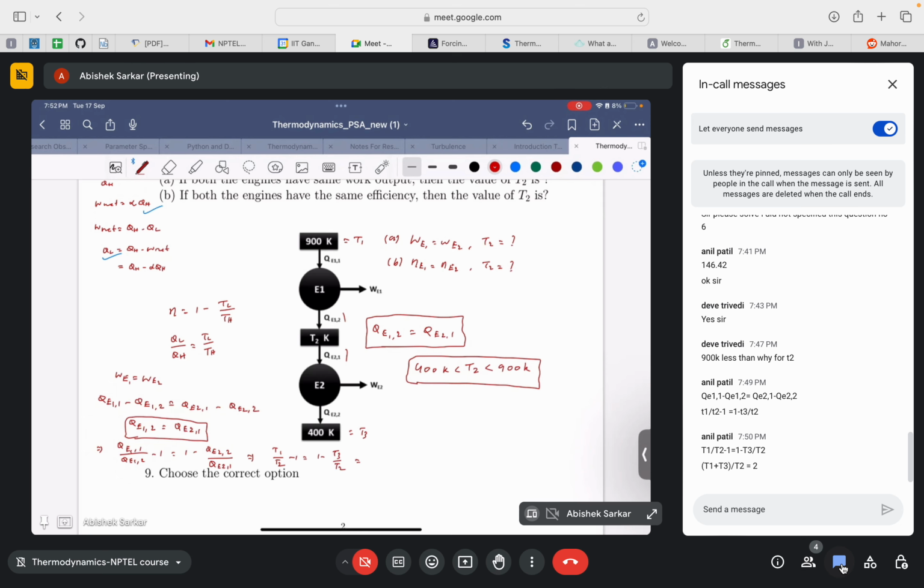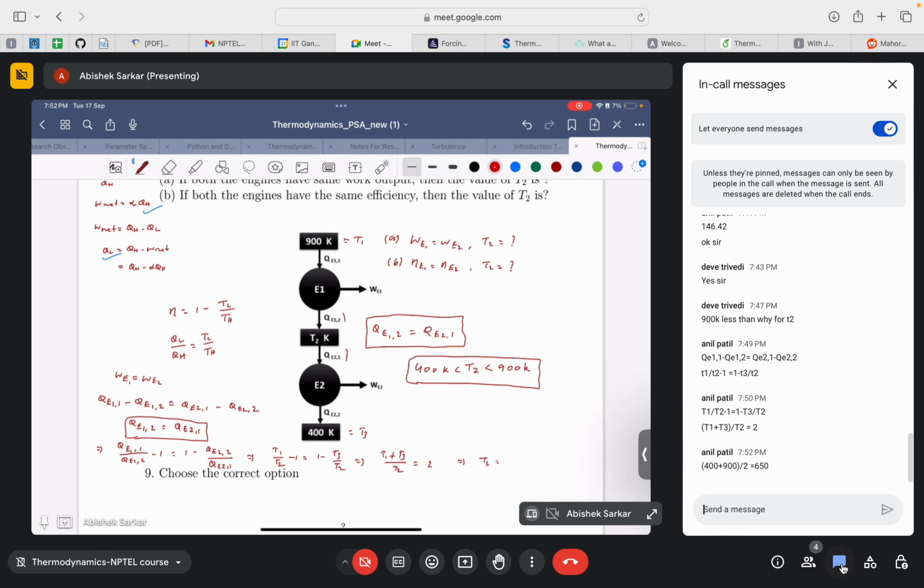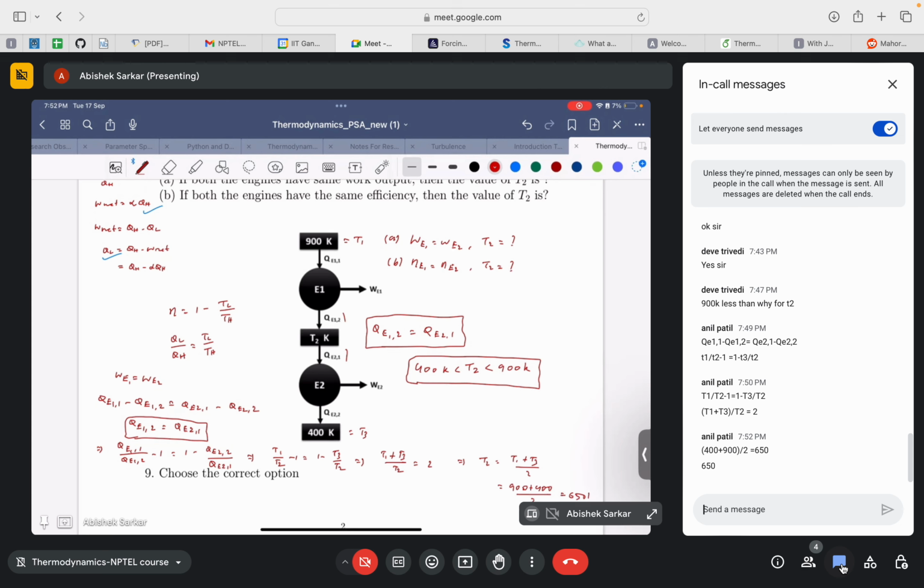So we'll have (T1 plus T3) by T2 equal to 2. Just simplifying this equation, we finally get T2 as (T1 plus T3) by 2, or (900 plus 400) by 2, or 650 Kelvin.